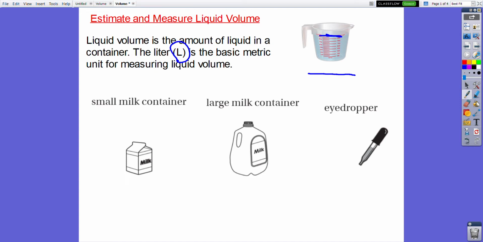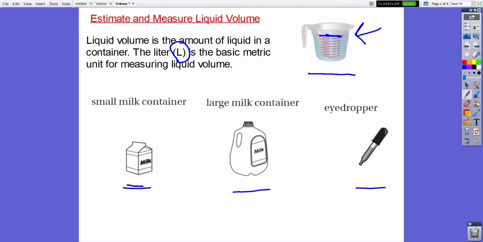So here, I may give you some examples of different containers, and I will ask you, does this container hold more than 1 liter, less than 1 liter, or about 1 liter? You will compare this container with this beaker, the size of it.